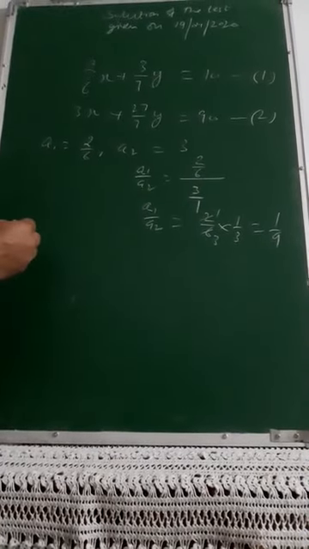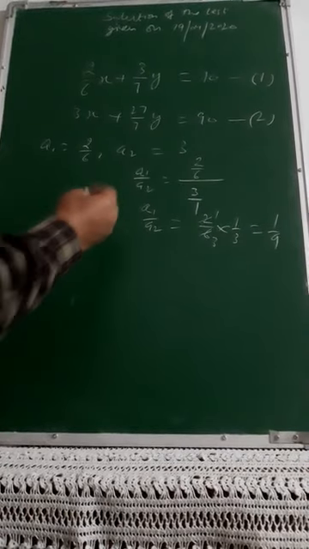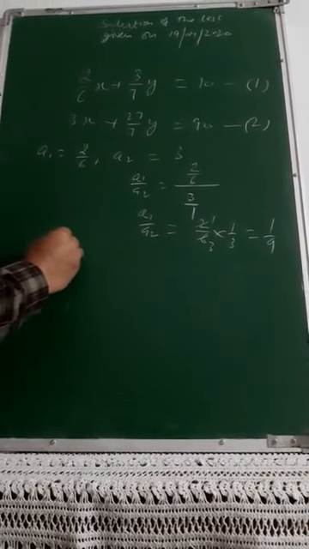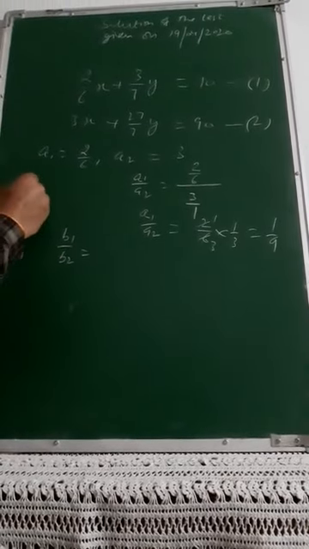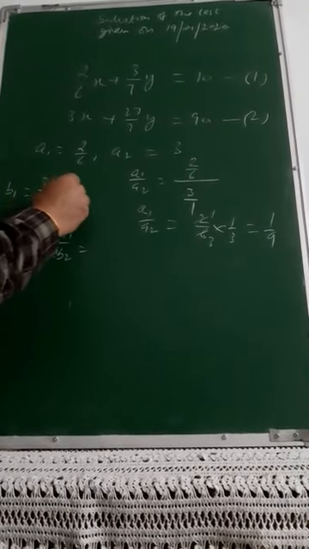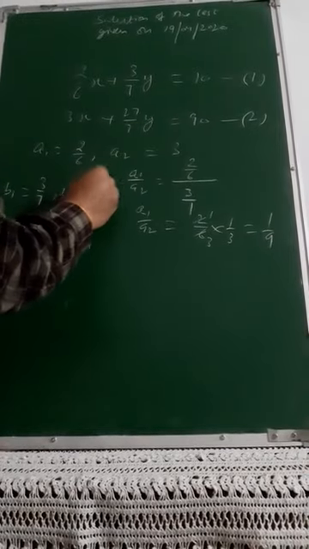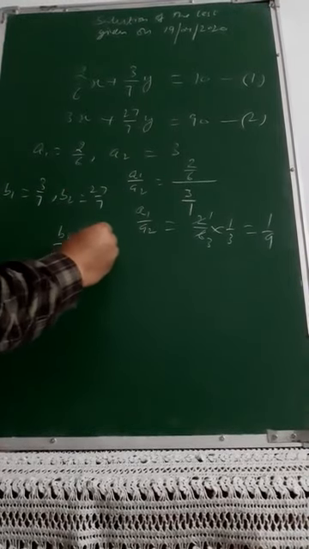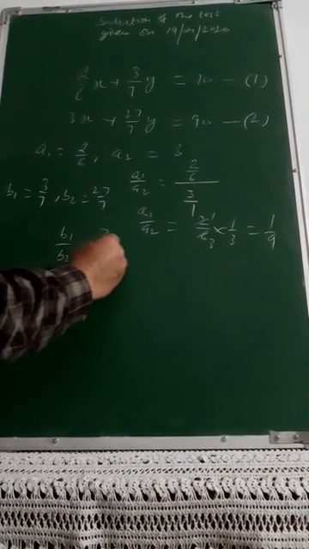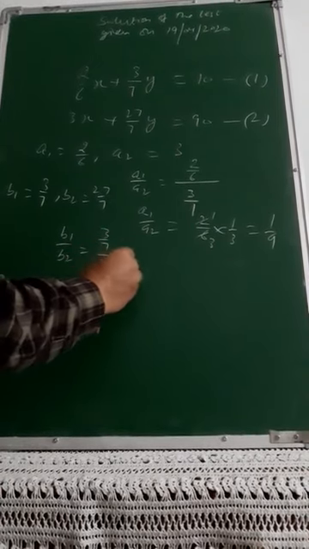That I shared with you while I was solving the questions of your exercise 3.2. Now b1 upon b2. If you check here, b1 is plus 3 upon 7, and b2 is 27 upon 7.